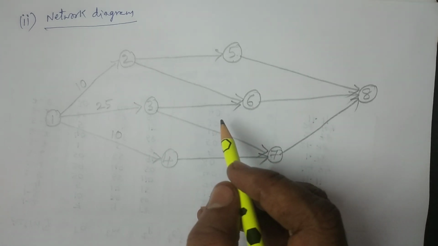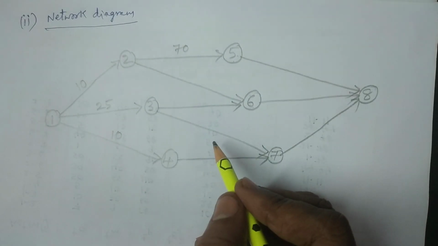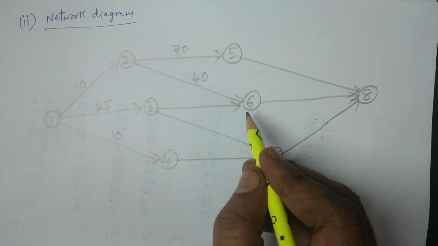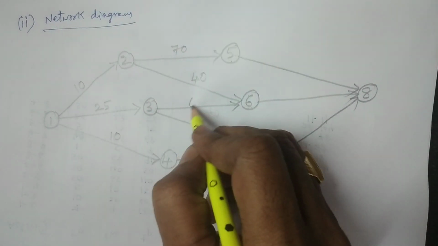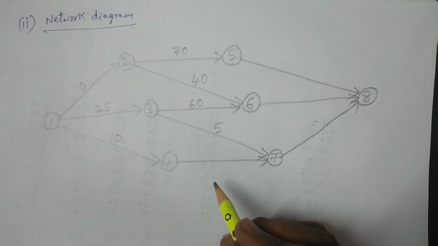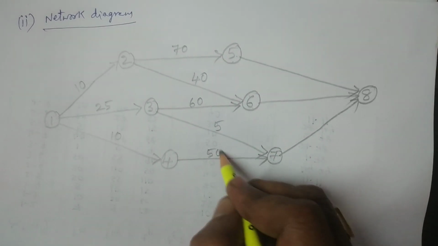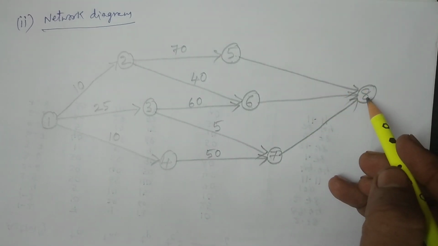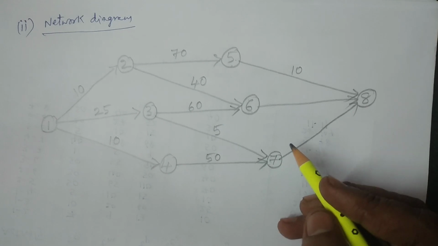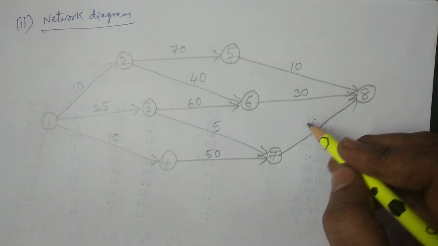Then 2 to 5 it is 70, 2 to 6 it is 40, 3 to 6 it is 60, 3 to 7 it is 5, 4 to 7 is 50, 5 to 8 it is 10, 6 to 8 it is 30, and 7 to 8 it is 40.